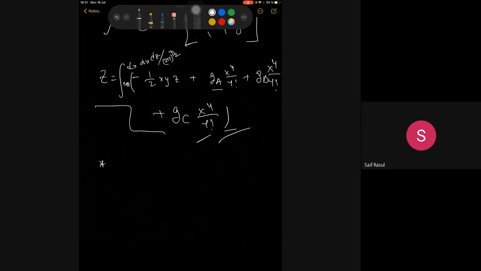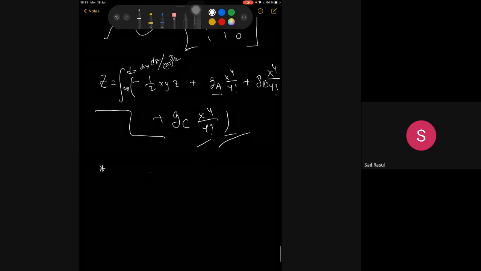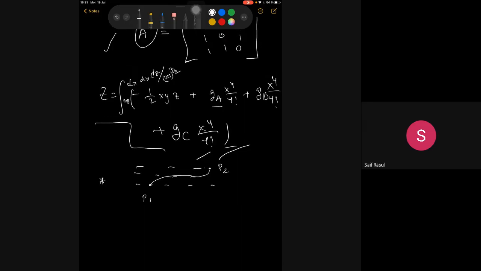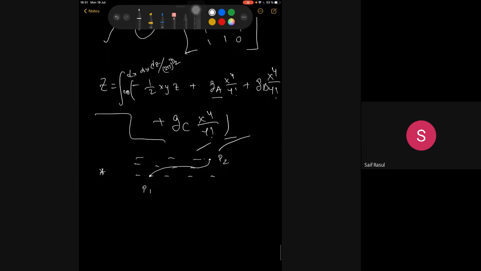For example, let's say you have a point P1, and you have a lot of points in your room. Let's say you have another point P2. You can connect them. You can form graphs in your room and explain, using this multidimensional Gaussian integral, how different graphs might look. What physicists do is they have an infinite number of points.